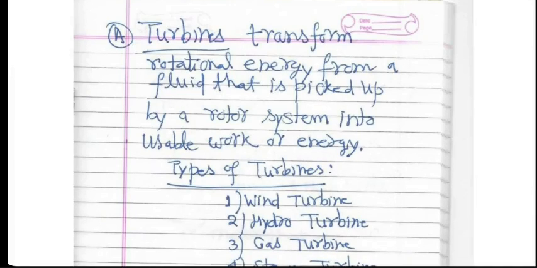Basically, the turbine's job is to take the energy available from natural sources, hydroelectric sources, for instance, and convert that energy into rotary energy.